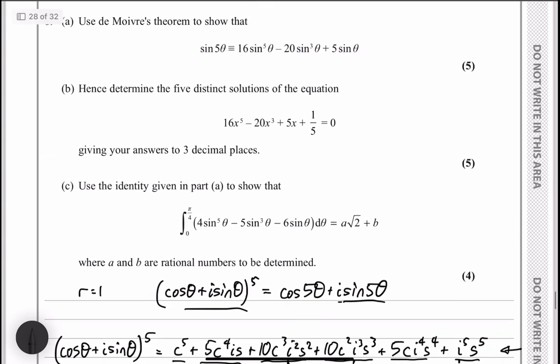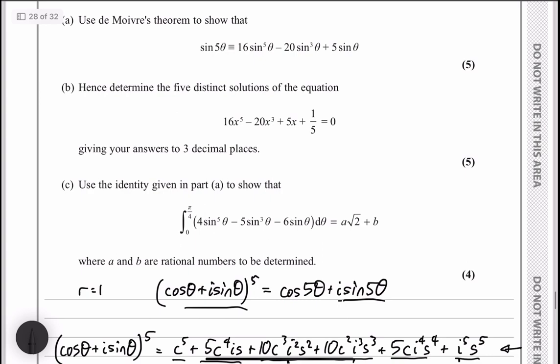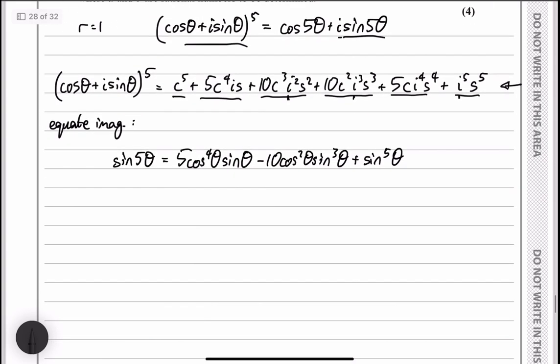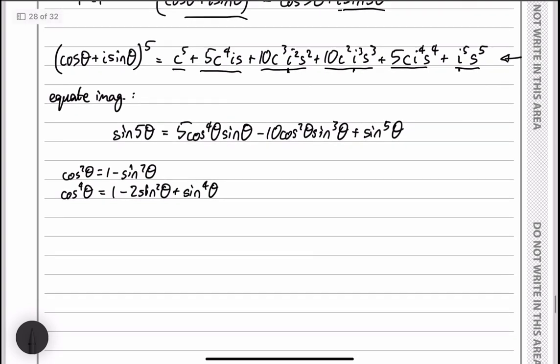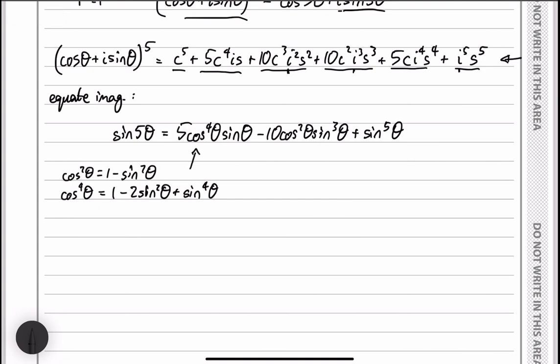Now we need it in powers of sine, so our cosines here we're going to have to change using cos squared theta is equal to 1 minus sine squared theta, and we're also going to need a power 4, so if we square that we get 1 minus 2 sine squared theta plus sine power 4 theta, and substitute that in here and this one in here.